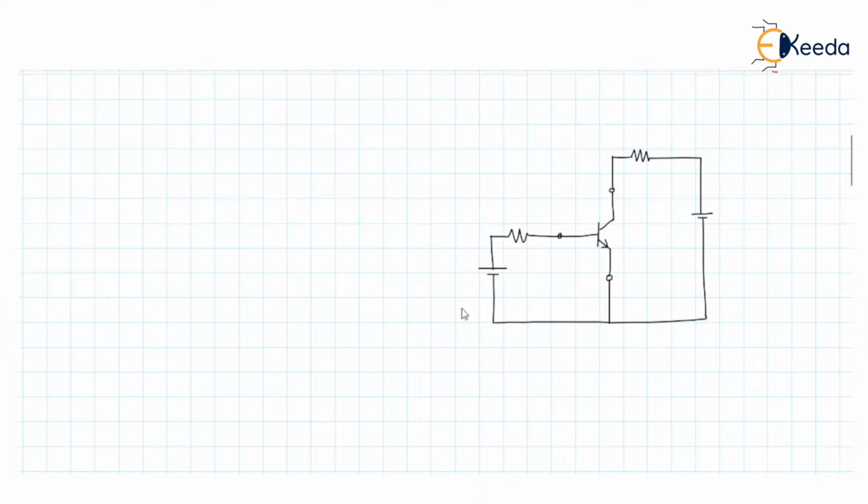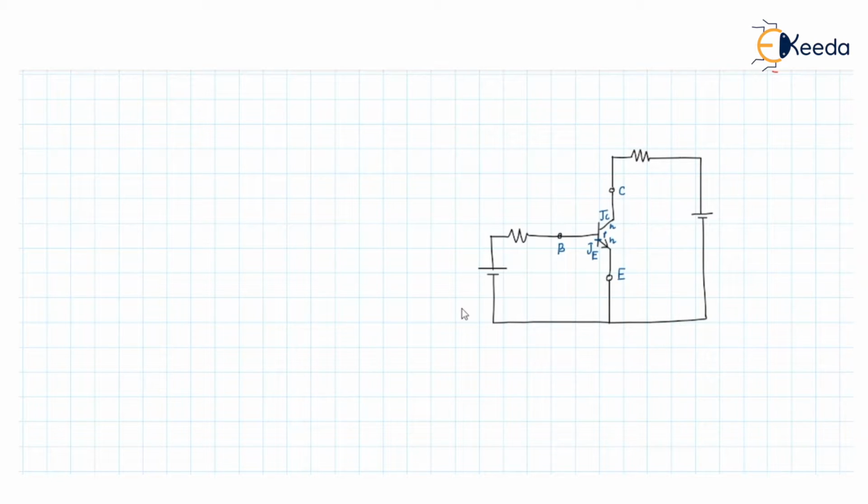The circuit looks like this, where it is an NPN transistor. This is the emitter, this is the collector, and this is the base terminal. Here there will be the JE junction, and here there will be the JC junction.